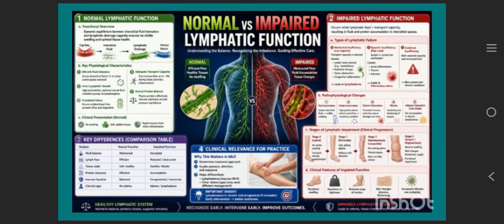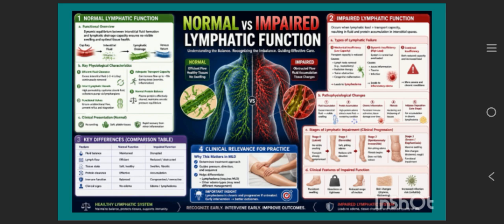In normal function, lymph flow is efficient, and in impaired function it is reduced or obstructed. In normal function, tissue state is soft and healthy, but in impaired function tissue is swollen and fibrotic. In normal function, protein clearance is effective, and in impaired function protein accumulates.